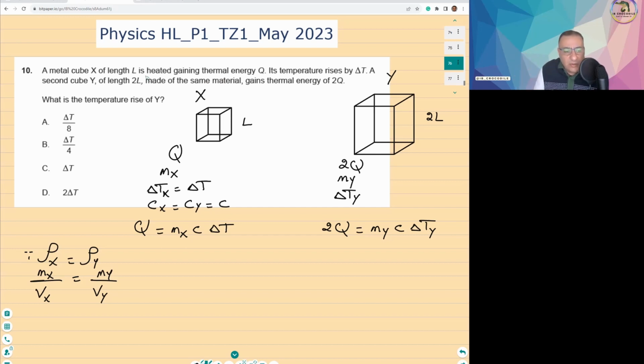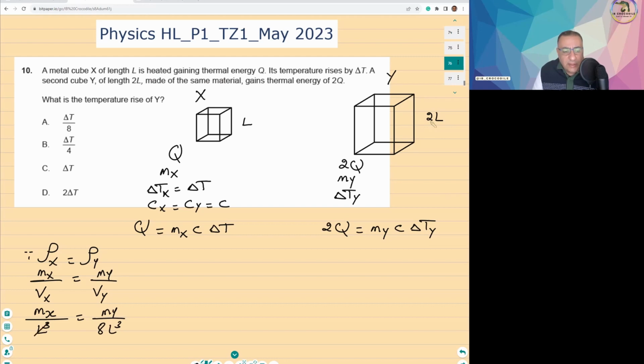So mx divided by L cubed equals my divided by the volume of Y, which is 2L to the power of 3, which is 8L cubed, since 2 times 2 times 2 is 8.